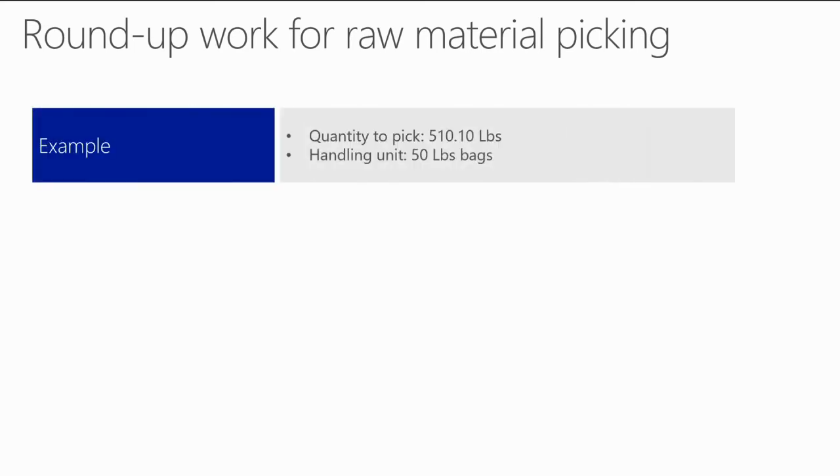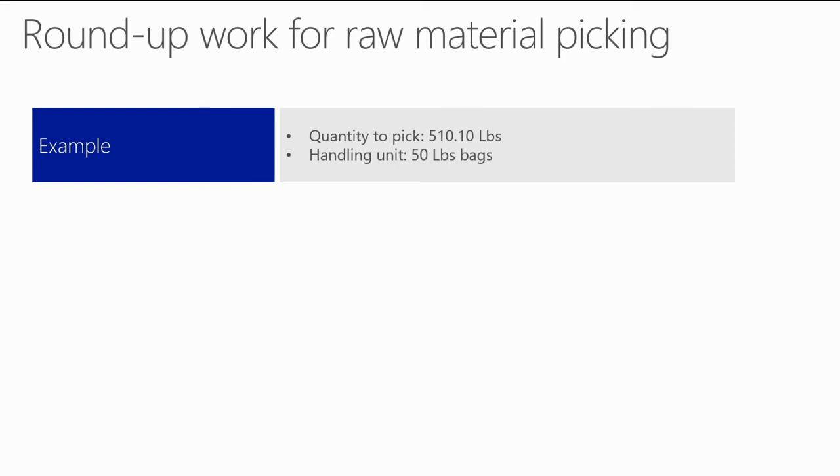So the next topic we call round-up work for raw material picking. In the example that Tim just showed, we formulated the material in inches. It could also be typically pounds if we're talking, for example, food industries. So we formulate in pounds.